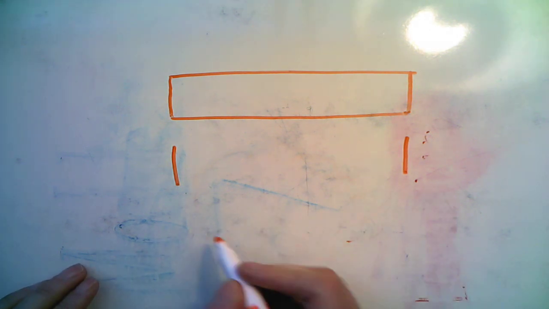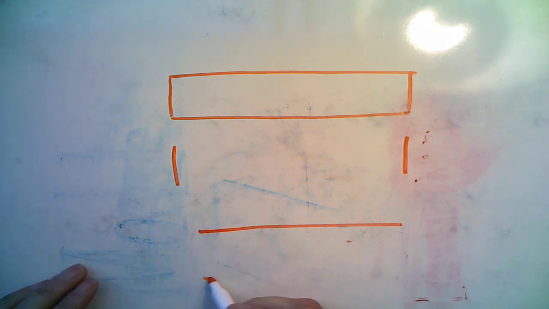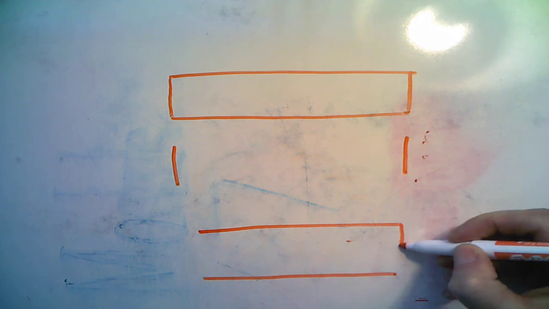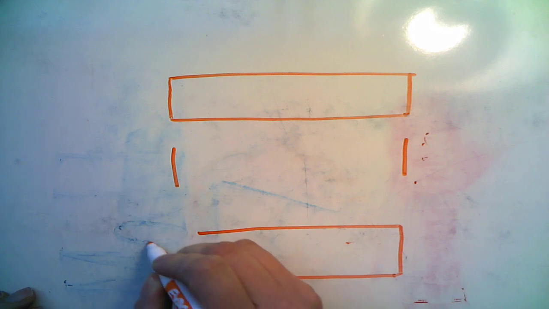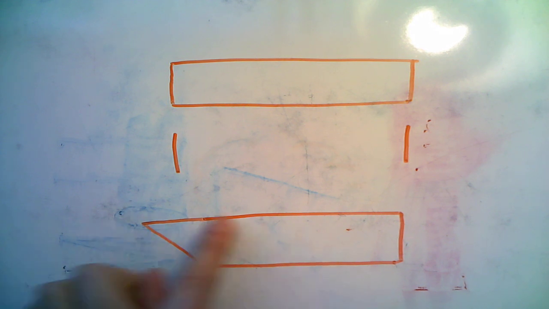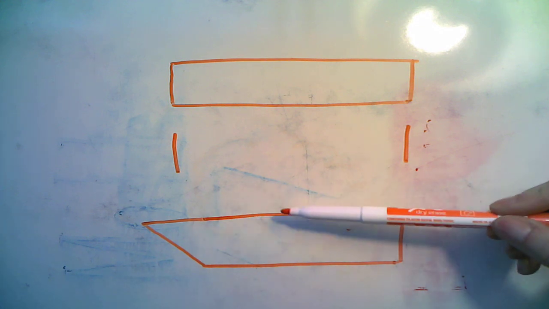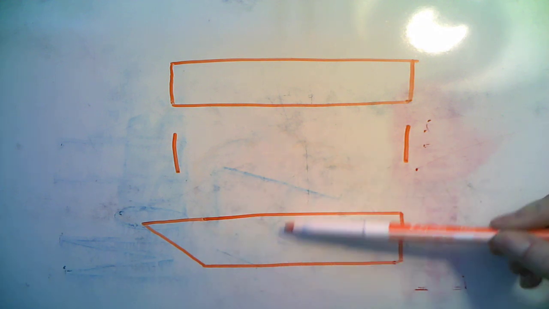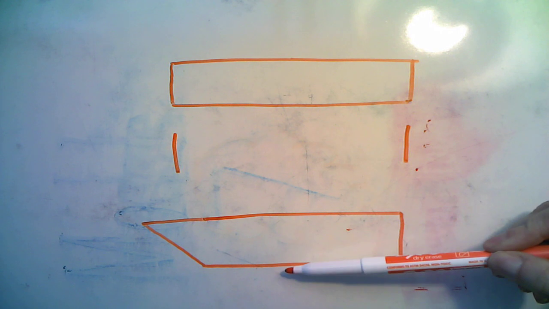Now if I have a shape that has one set of parallel lines like this, maybe a line like this, and then a line like this, how many sets of parallel lines does this shape have? It just has one, right? This line and this line are parallel to each other. These 2 lines are one set of parallel lines.